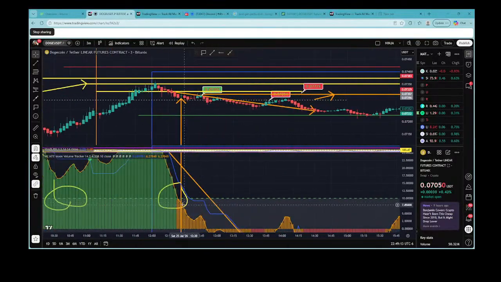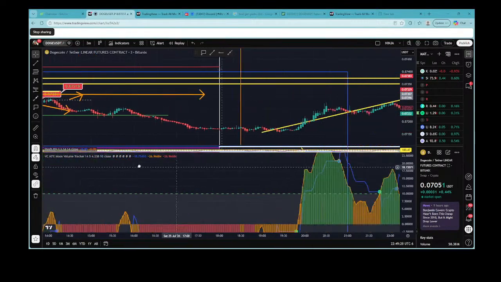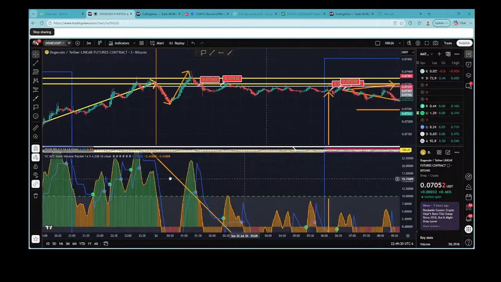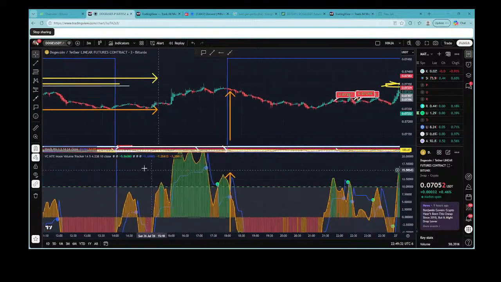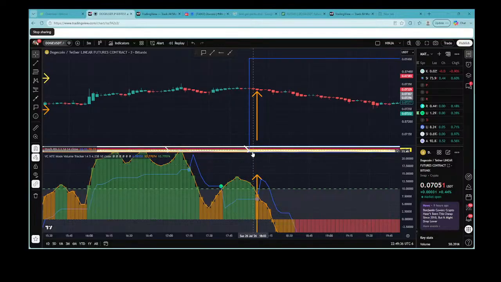So just like here, see how it broke threshold right there? Breaks threshold right there. That's my entry right there. Same thing here. Here's my 1 hour.